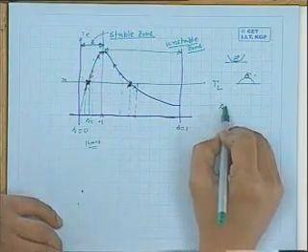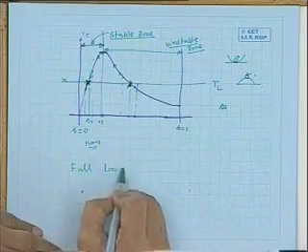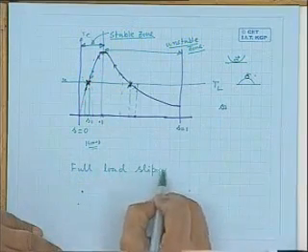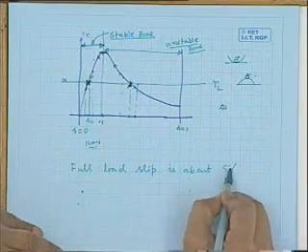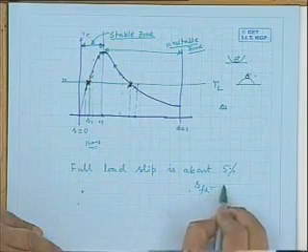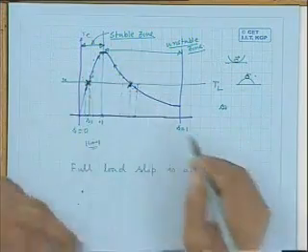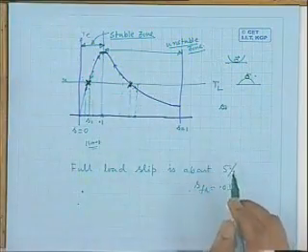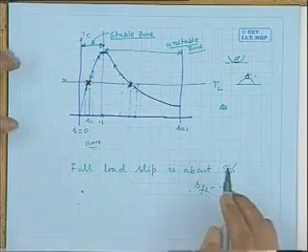Therefore, generally the induction motor is designed in such a way that the full load slip is about 5% or so. That is, S_FL will be about 0.05. That is well within this limit, at the middle of this range.